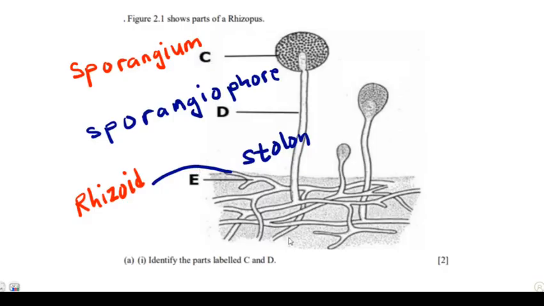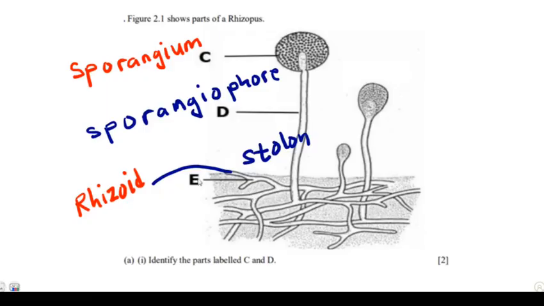Upon naming them, we need to know what the function of each of these parts of the rhizopus is. The rhizoids are the specialized hyphae that grow into the bread, and they anchor the fungus.